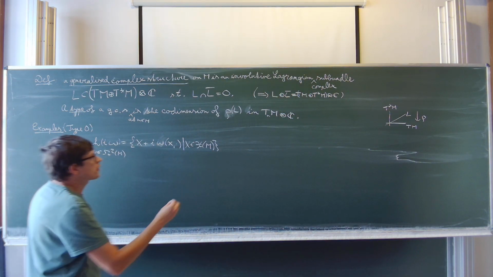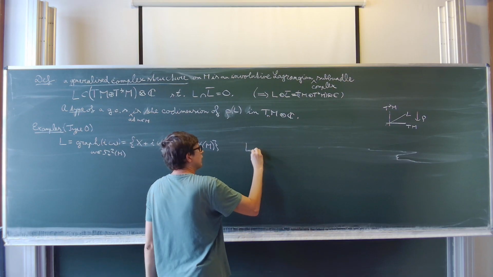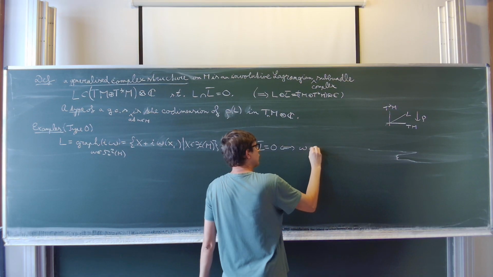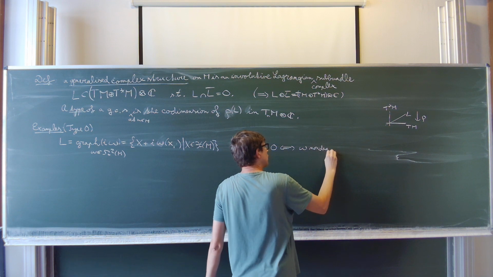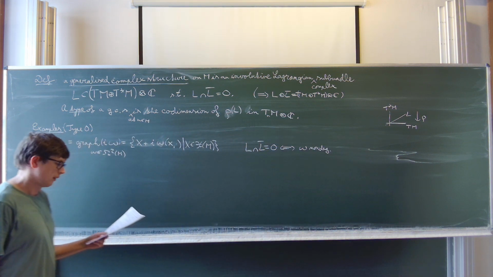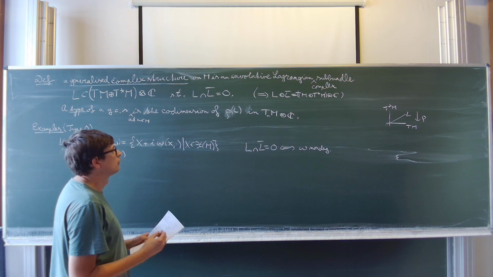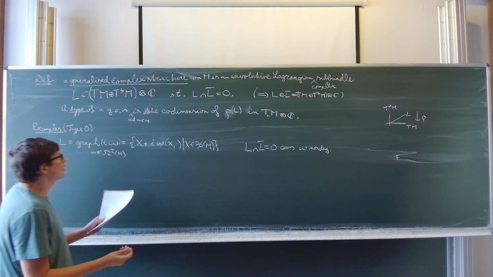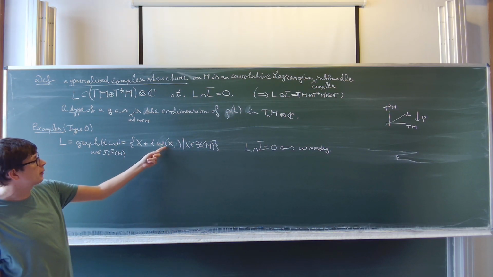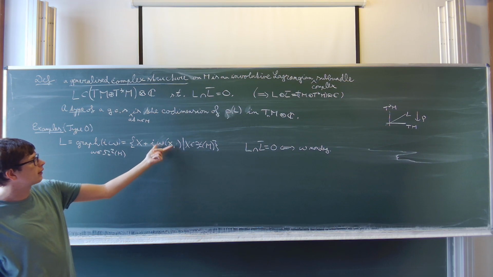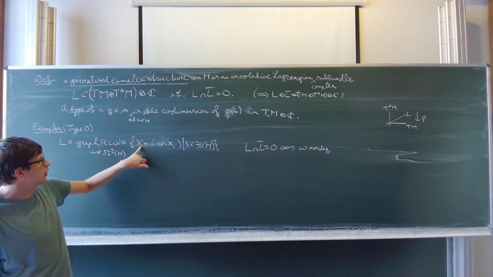The first claim is that this codimension being 0 is equivalent to omega being non-degenerate. I'm not sure I want to prove that, but you can imagine that if there were a non-zero x which killed this omega, then plugging that x in here, this part would vanish and I would only have this x.